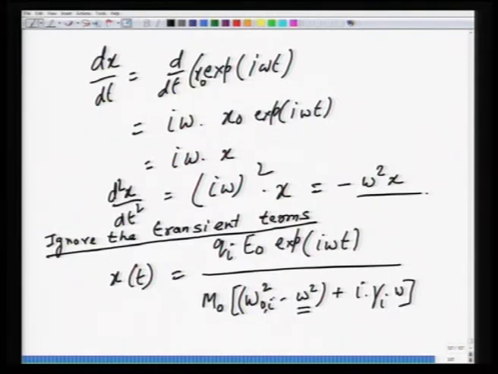The third term would have become m naught omega naught square multiplied by x, and the second term was i omega into gamma i, and this x comes out. So, this is the solution for the expression which we looked at earlier, which is very simple. Just by replacing these values of dx by dt and d2x by dt square, you can obtain this. So, what is the induced dipole moment?